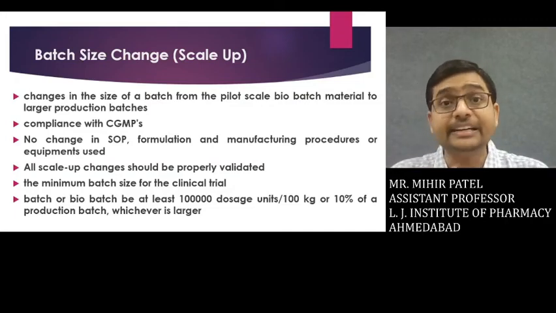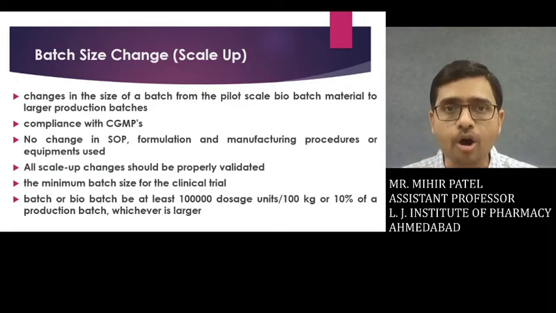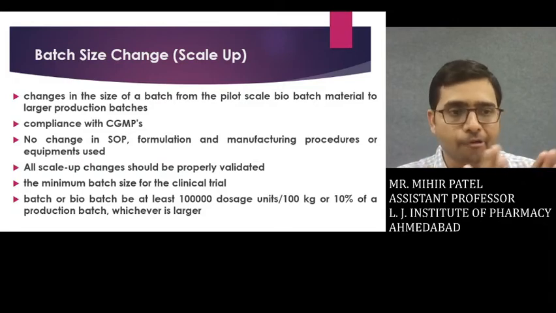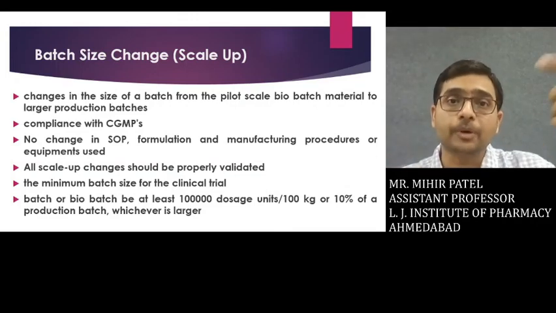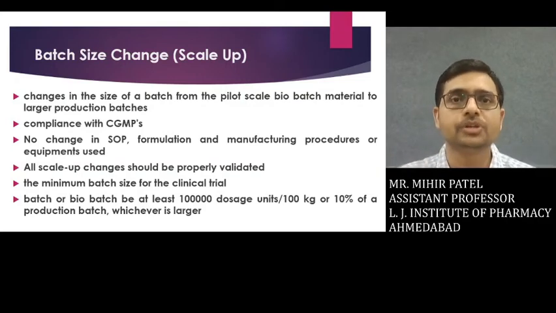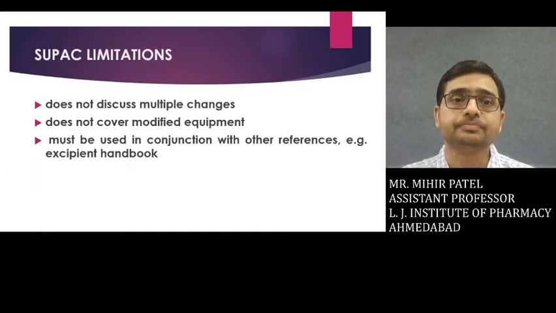If we consider in terms of kilograms, it should be 100 kg, or a minimum of 10% of the size of the production batch, whichever is larger. In that case, we have to perform all the experimental levels and testing of components, and we have to submit that to the authority for approval.